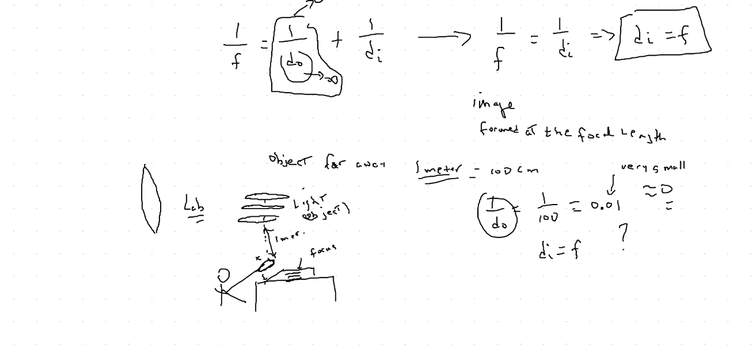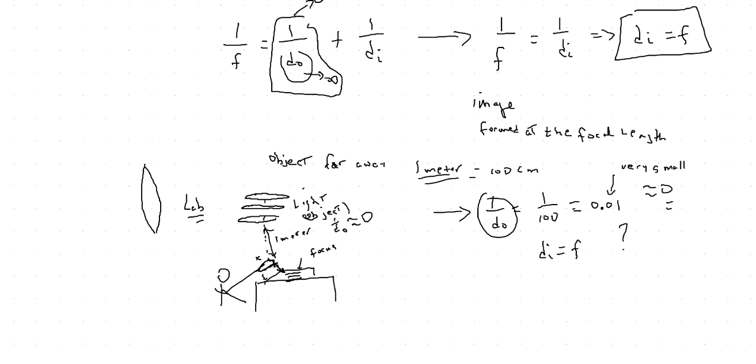So we can take DO, 1 over DO, to be approximately equal to 0, because 1 over 100, remember we said 1 over 100, is about 0. We take it to be very small. Then we can measure, I'm sorry, my picture's so terrible, the distance from the lens to where those lines are.